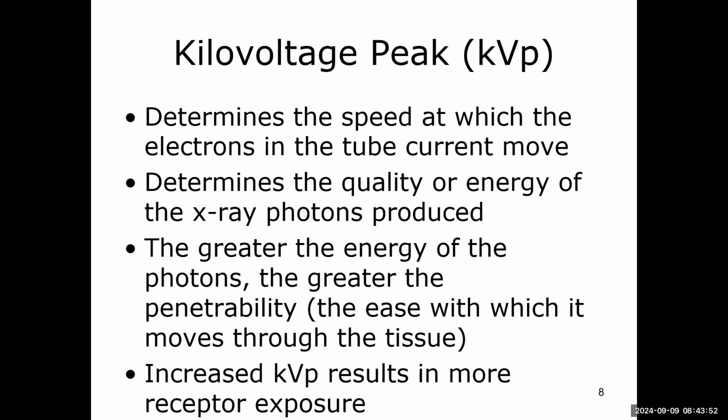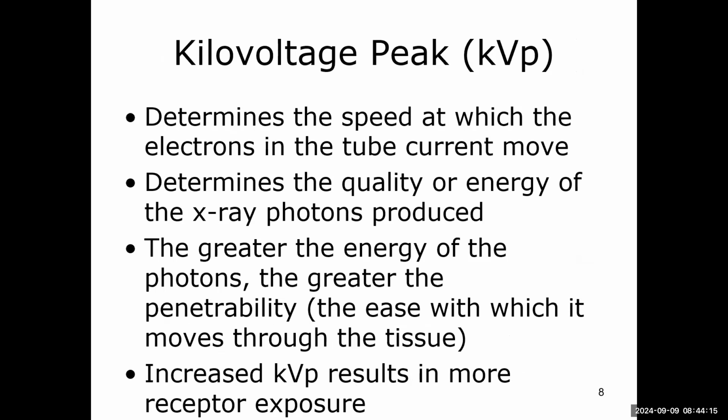Okay. Kilovolt peak. It determines the speed at which the electrons in the tube current move. I don't think I have it here. It's probably on when we get specifically to kVp, but know that you have to remember two separate things.